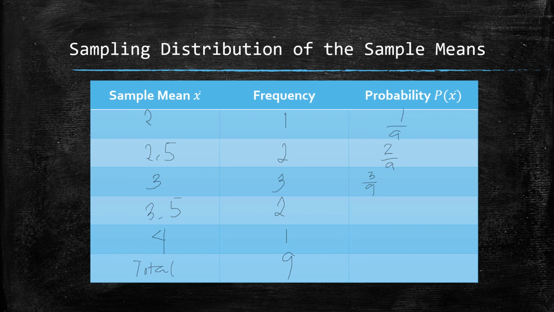So this will become 1/3. Then you have 2 over 9 and 1 over 9. Now if we add all these probabilities, that is equal to 1. So this is now your sampling distribution of the sample means.